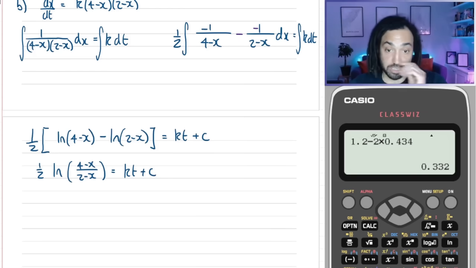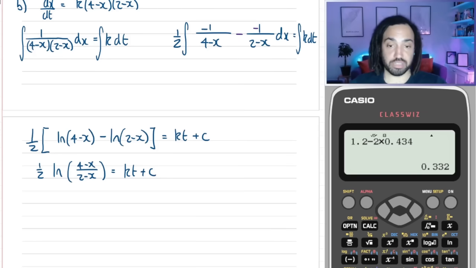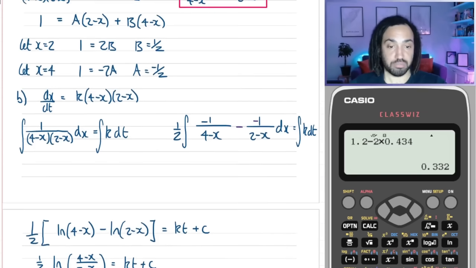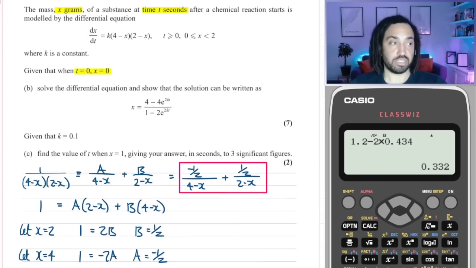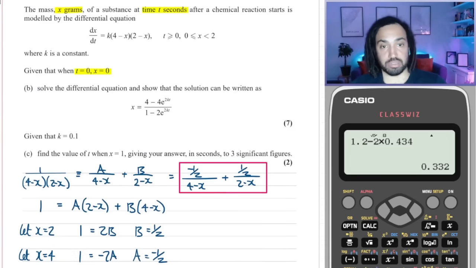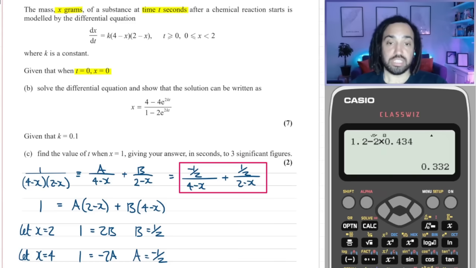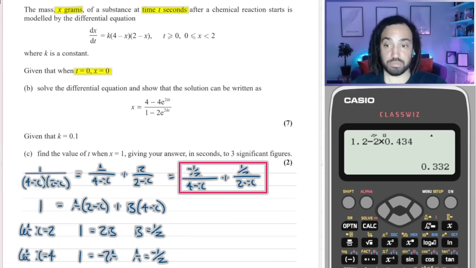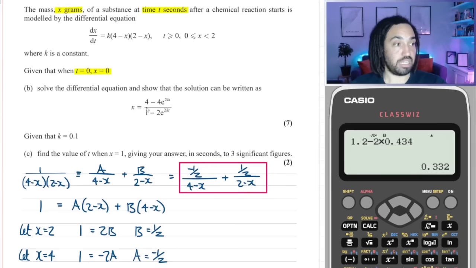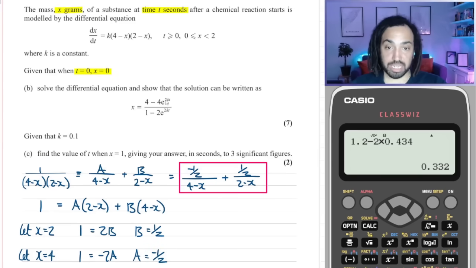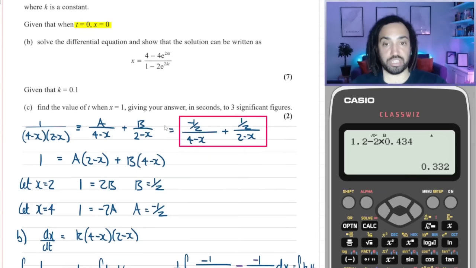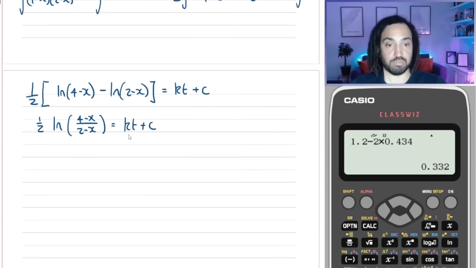So now will be a good time to sub in those initial conditions and find the constant of integration. So the initial conditions are, yes, 0, 0. That makes it so much easier. And just looking at here, we want x to be the subject, and we also can see that we're going to have these 2 kts. So I think multiplying through by 2 will be useful to get rid of this half and get 2 kts.